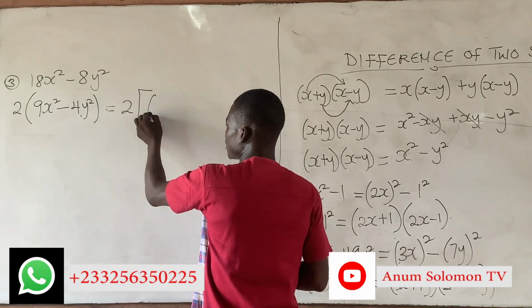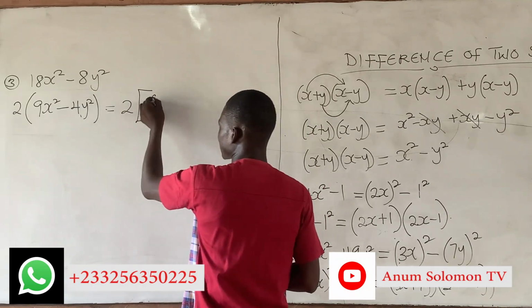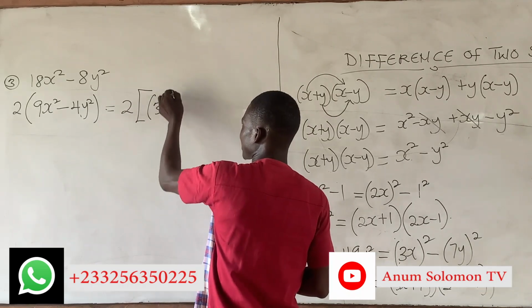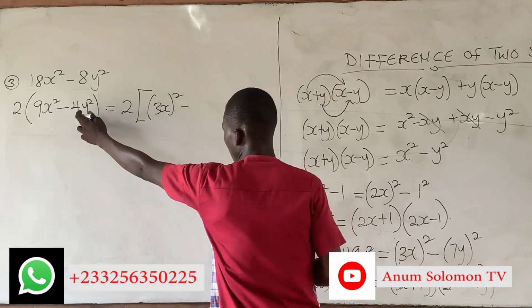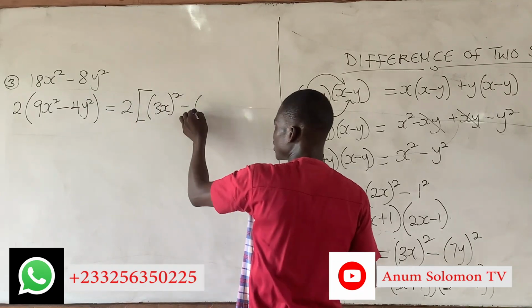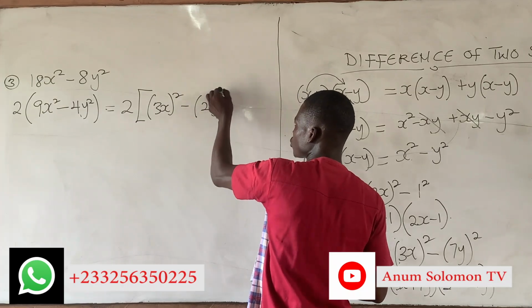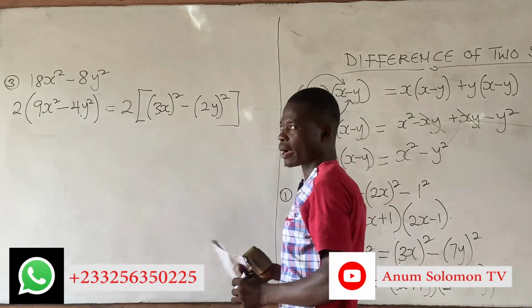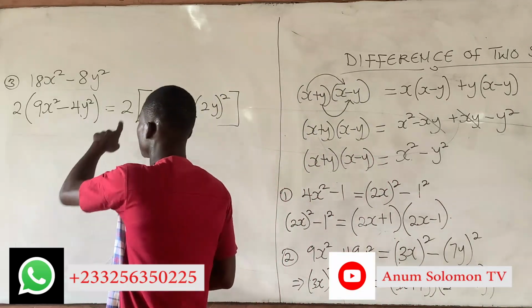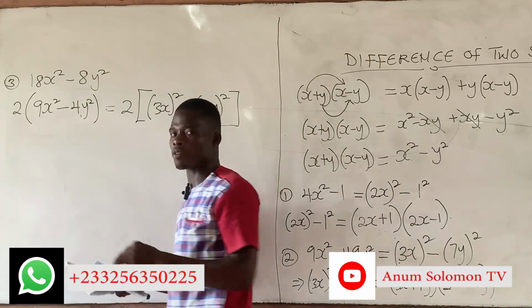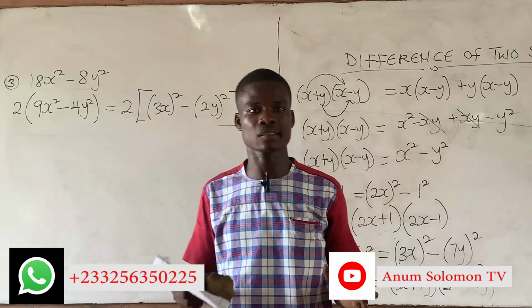We have the perfect square for 9 is 3 squared, so we have 3x all squared, minus the perfect square for 4, which is 2 squared, that's 2y squared. Then it goes in our square bracket like this. Don't forget that the 2 here is part of our final answer.